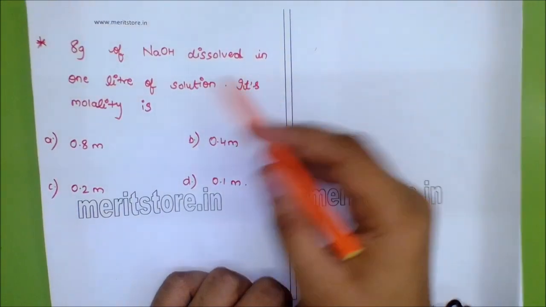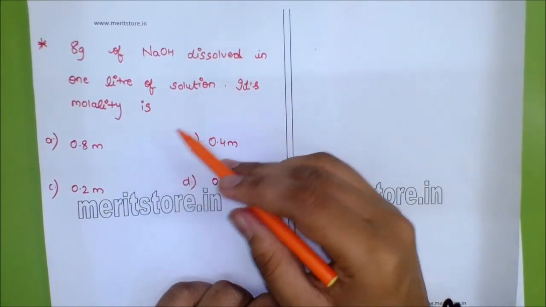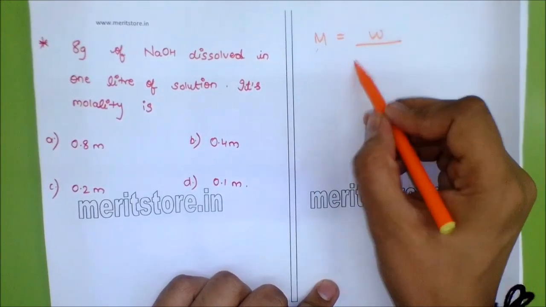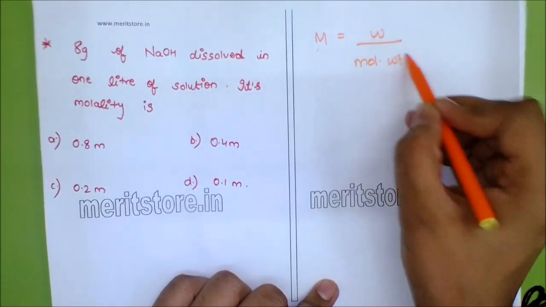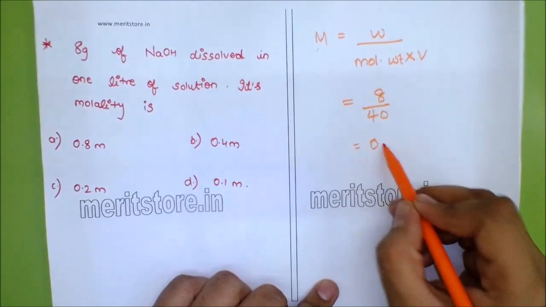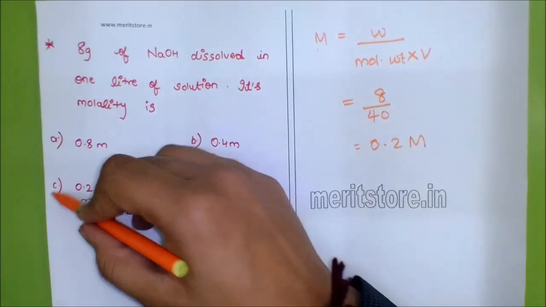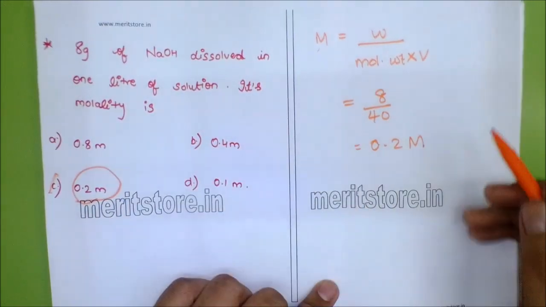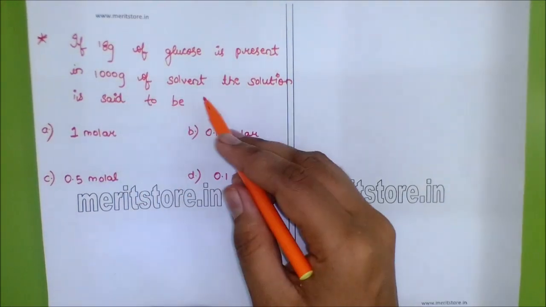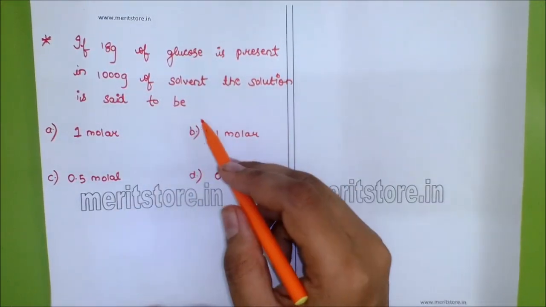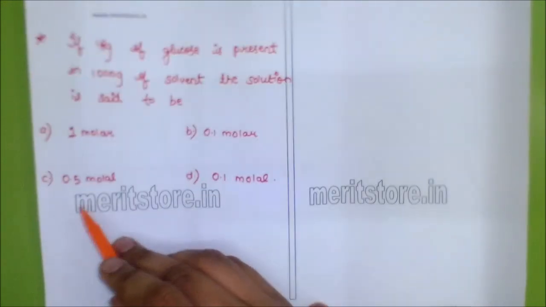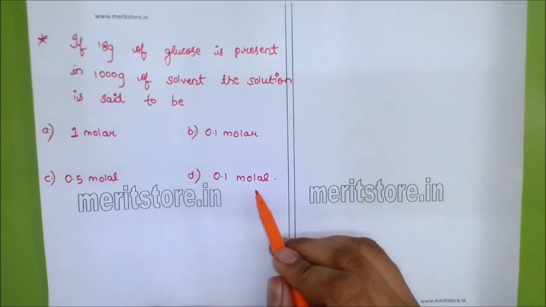8 gram of NaOH dissolved in 1 liter of solution. Its molarity is. Now we know molarity is mass upon molar weight into volume, which is equal to 8 upon 40, which on solving we get 0.2 molar. So option C, 0.2 molar is the correct answer. If 18 gram of glucose is present in 1000 gram of solvent, the solution is said to be option A 1 molal, option B 0.1 molal, option C 0.5 molal, option D 0.1 molal.